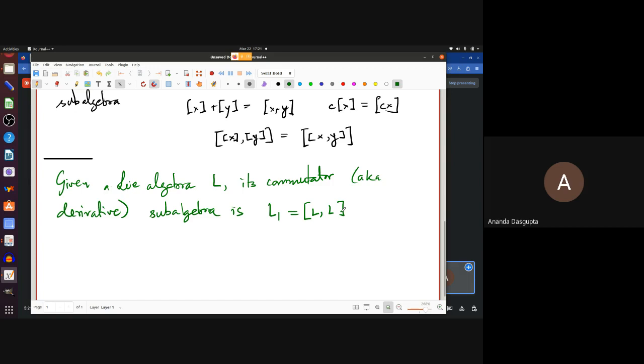So the question is, is it at all necessary to take the span after forming the commutators, or would just saying take all possible commutators have been enough in this case? Note that in this case, we are taking the bracket of L with L, so all possible linear combinations are already in. So this is something I want you to ponder about. Would it be necessary to take a span here, or would it be okay even without taking the span? Would we get the same thing?